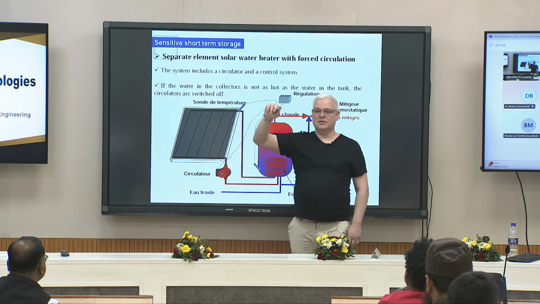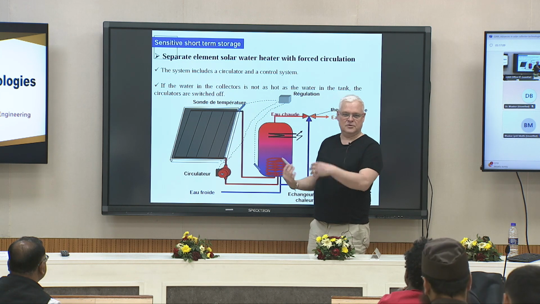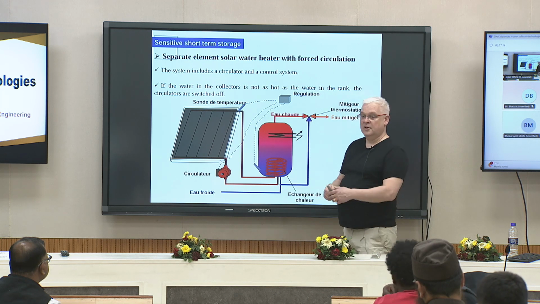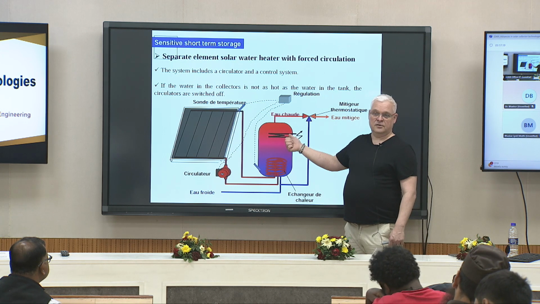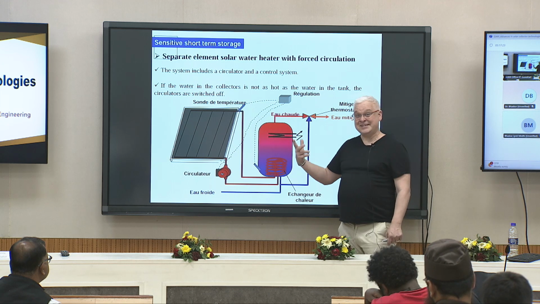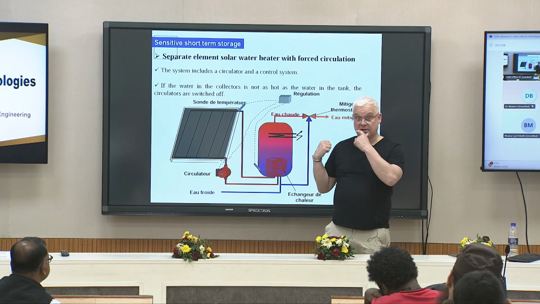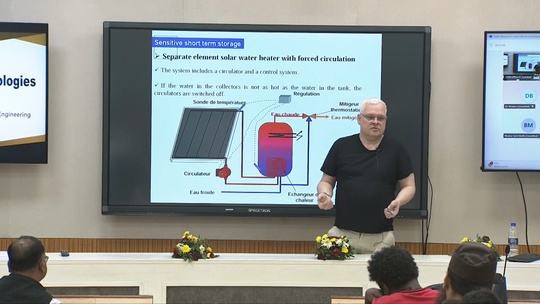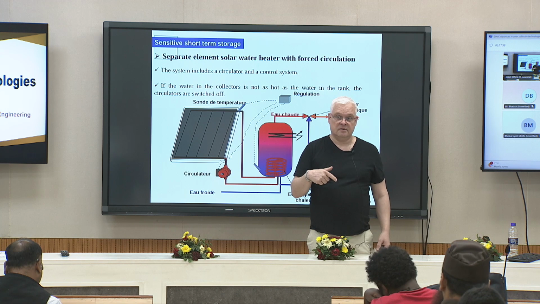So that means that during the night you will empty your resource of energy which is in the tank, but you don't see anything, because if the temperature is going down, the auxiliary will take the place of the solar collector. So there was a lot of energy consumption due to this system that was supposed to make some economy. And the people living in the house will not check if they are consuming electricity or solar thermal.